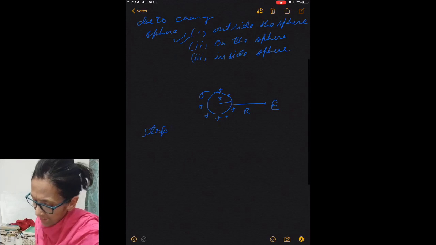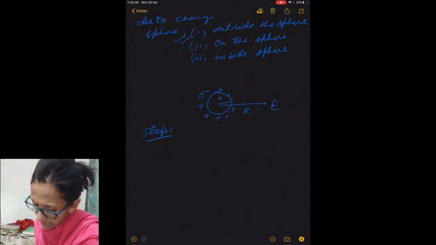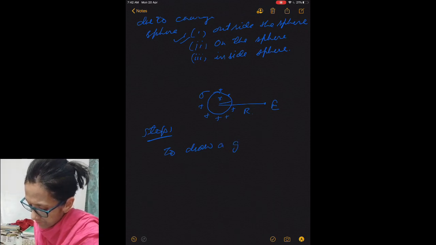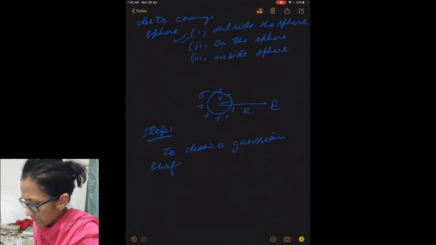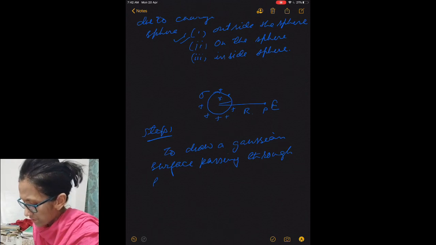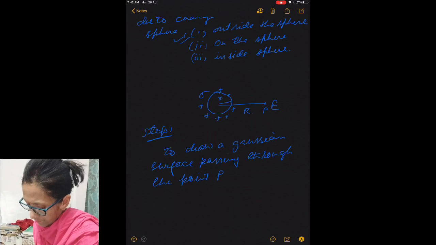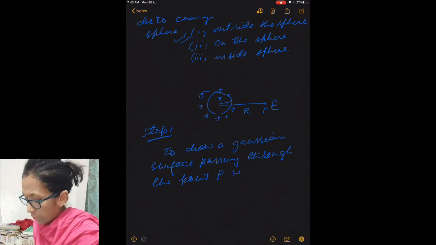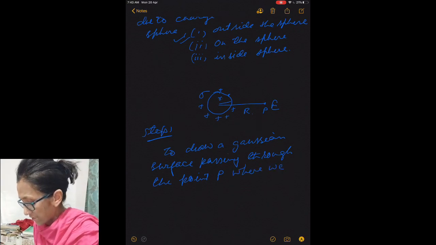So step 1 is to draw a Gaussian surface passing through the point P, where we have to find the electric field.